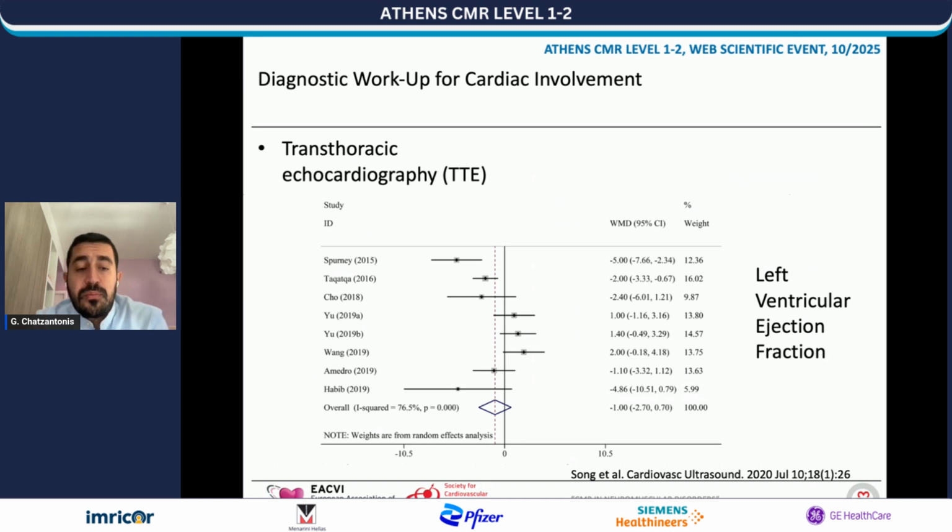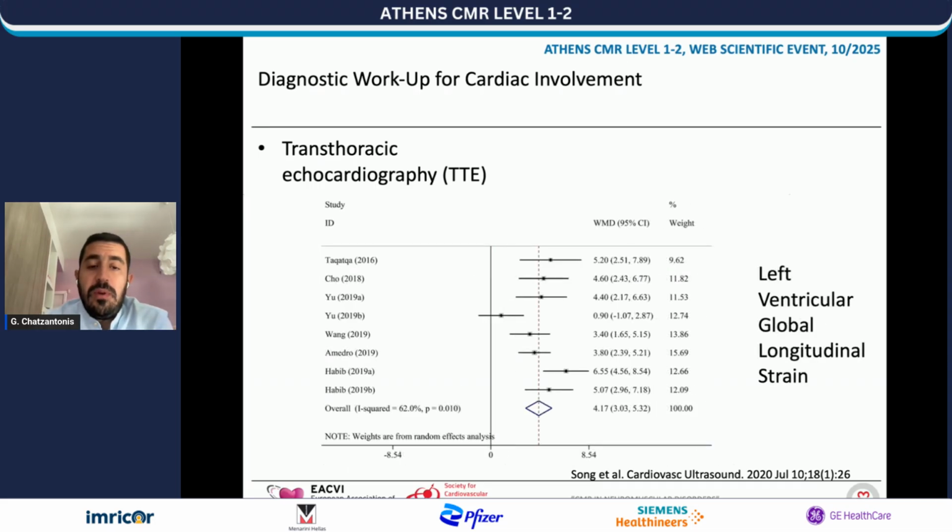That's why, once again, this group will benefit from a strain analysis, and the left ventricular ejection fraction could be replaced or added to with the left ventricular global longitudinal strain, which is more sensitive to find early cardiac involvement, and if we see something there, to assess the patient and go for the CMR.